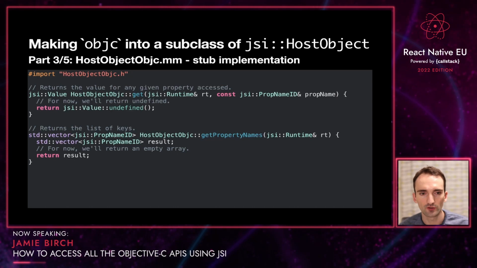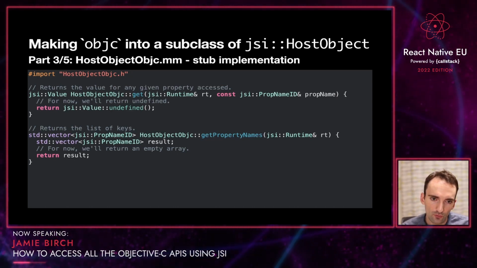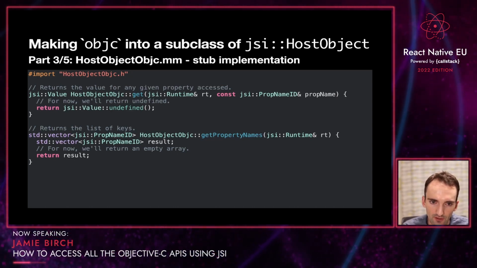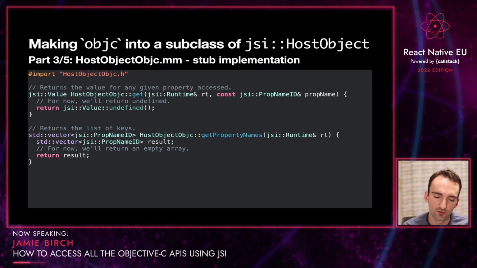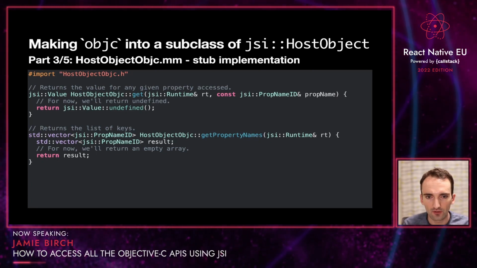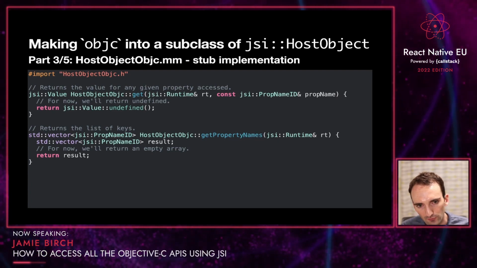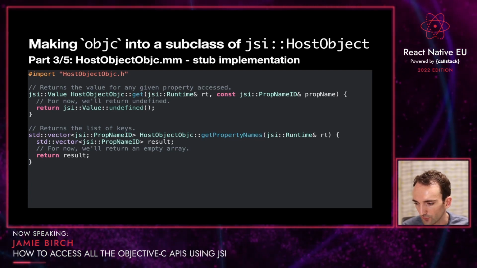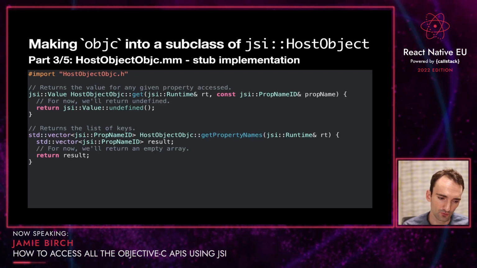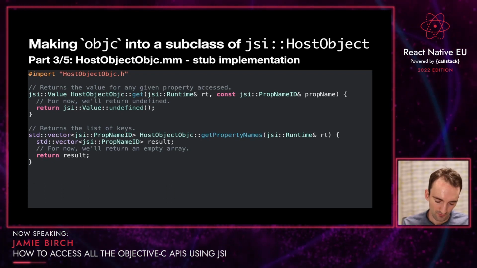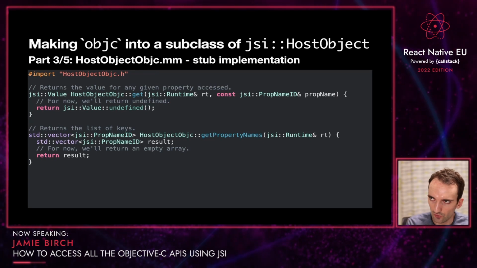We're just going to start with a stub. So of course, import that header we just wrote, and then let's just describe what the get method does. That's going to return the value for any given property accessed. So at its simplest level, here's my variable global.objc.